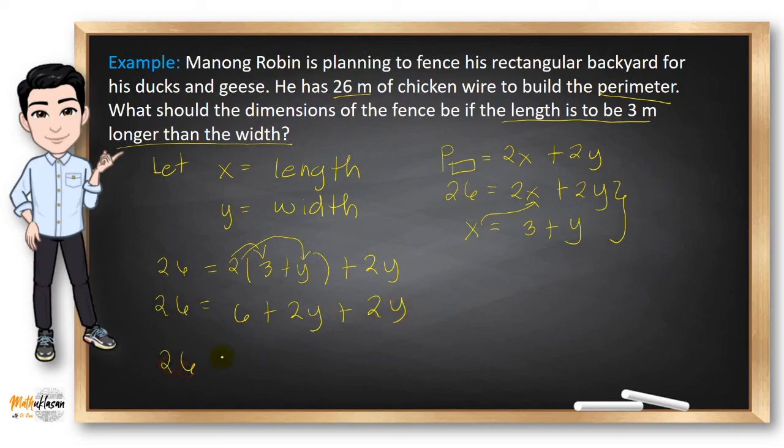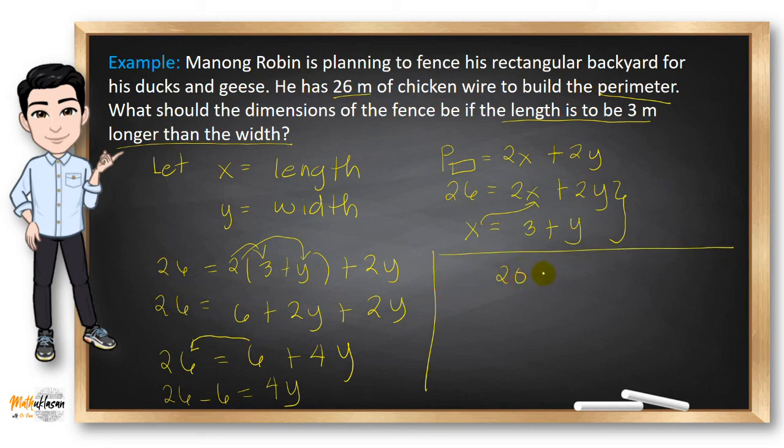So this is 26 equals 6 plus 4y. Transposing the value of 6 here, we'll get 26 minus 6 equals 4y. And the answer here will become 20 equals 4y, because 26 minus 6 is 20.